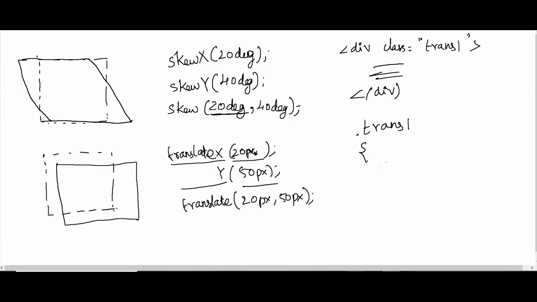If I want to give this transform, translate means transform colon translate in bracket 20 pixel comma 50 pixel.